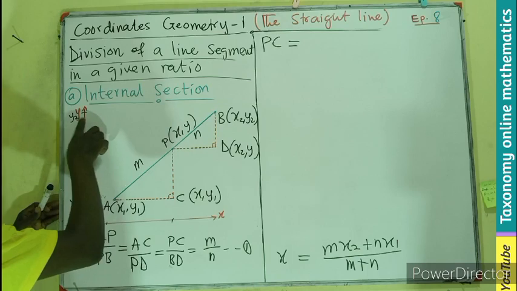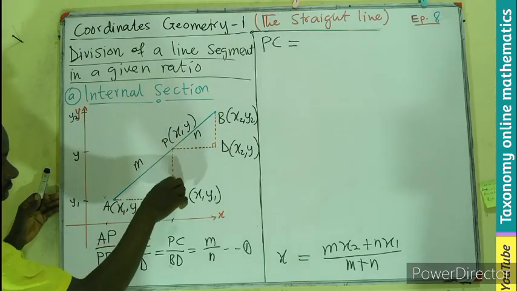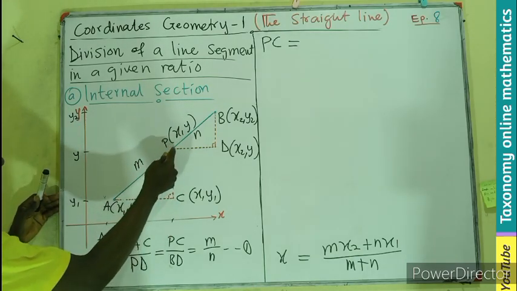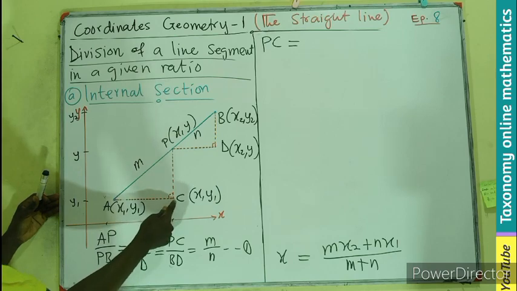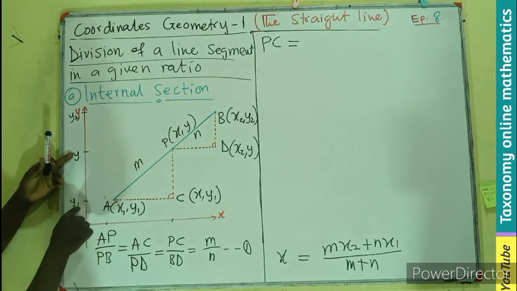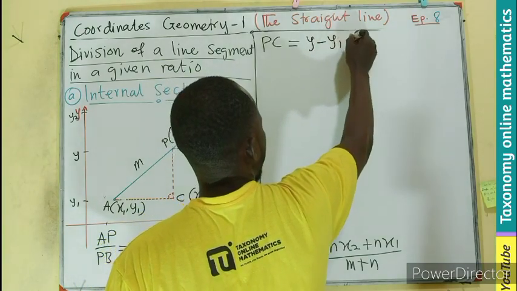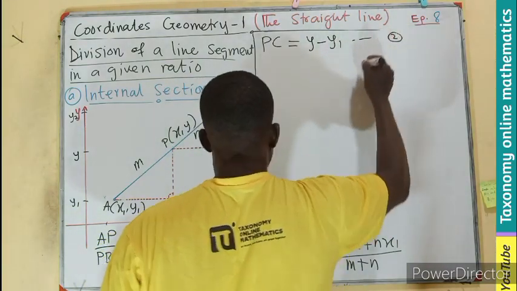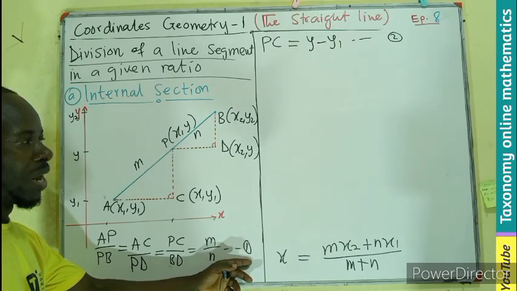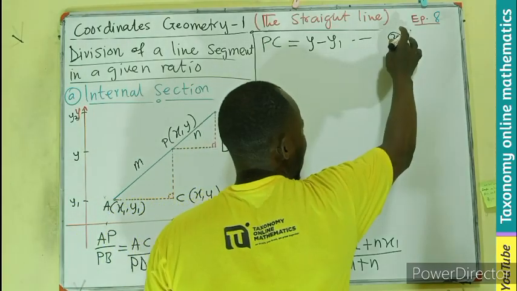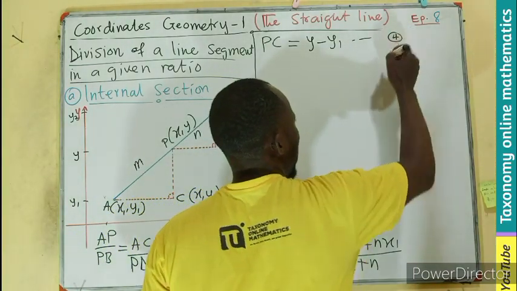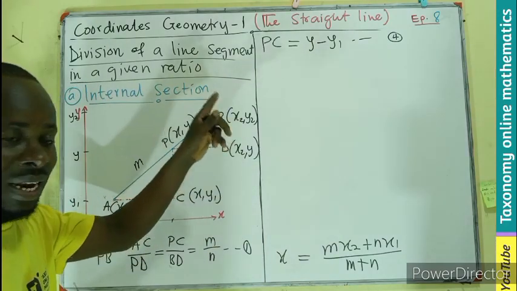This is the value of y2. At this point, I am moving up, so the greatest minus the smaller one: y minus y1. That will be y minus y1 as equation 4, if we are taking this as equation 1. We will deal with second and third.